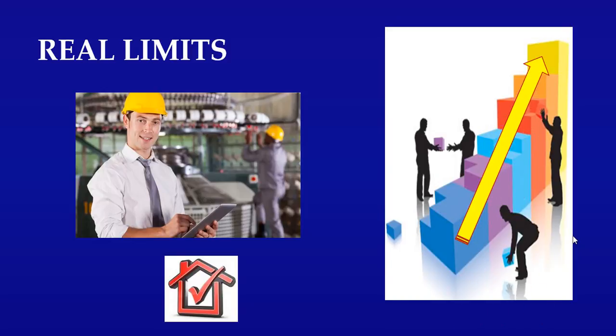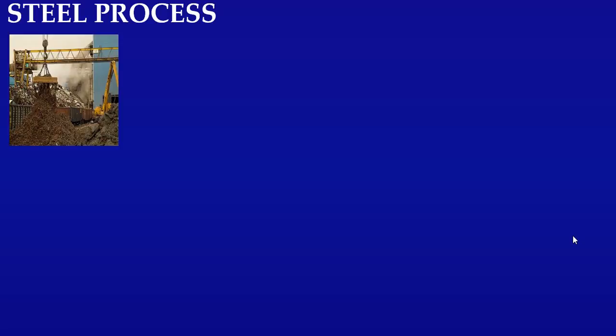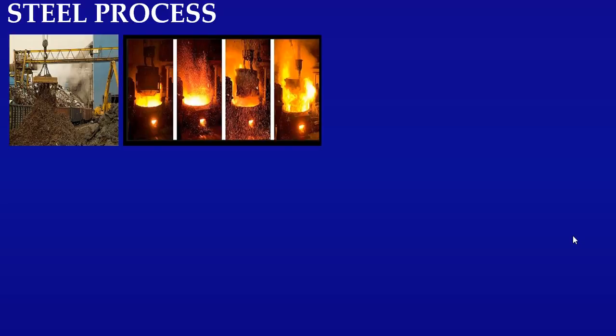Now imagine that you are in charge of production in a steel manufacturing plant. To produce steel, it is necessary to use scrap because it's the raw material to make steel. After that, the steel is melted between 1350 and 1700 degrees Celsius.